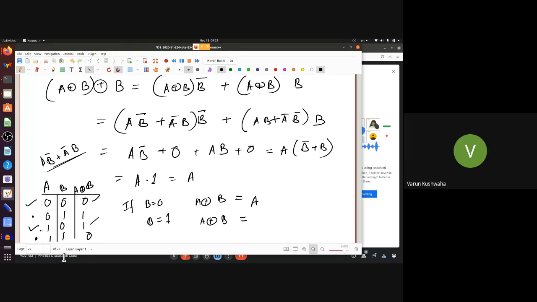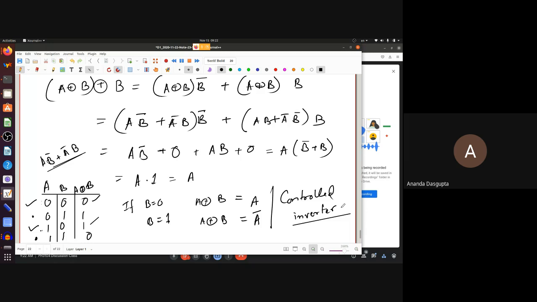A bar. So one way of thinking about the XOR operation is like a controlled inversion. That is, A is inverted if B is high, and A is not inverted if B is low.